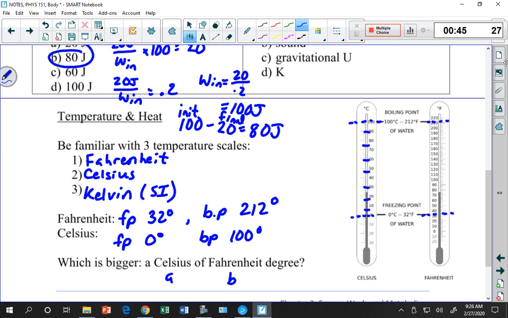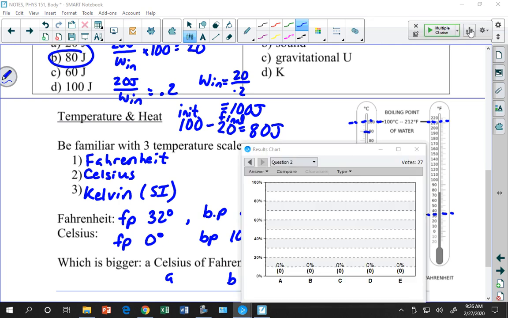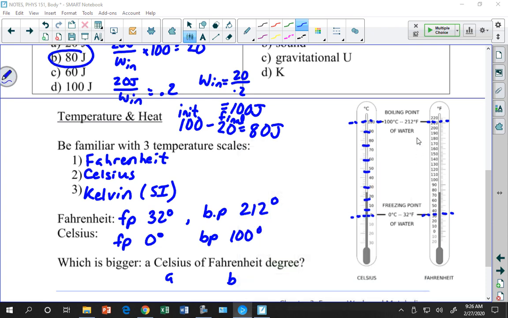All right, let's stop at 50. Okay, good. A is right. The Celsius degree is quite a lot bigger, simply because I have 100 tick marks between the freezing and boiling points of water on the Celsius scale, and I have 180 tick marks between the freezing and boiling point on the Fahrenheit scale.